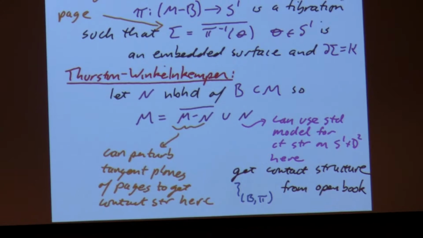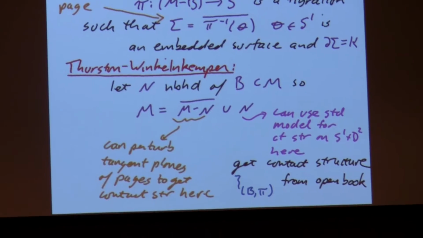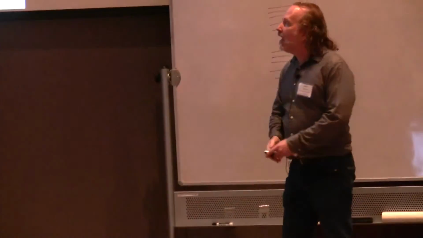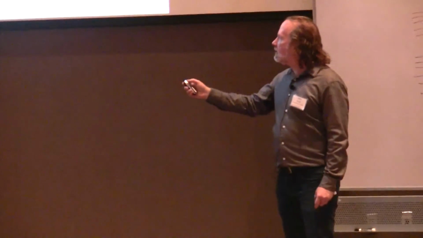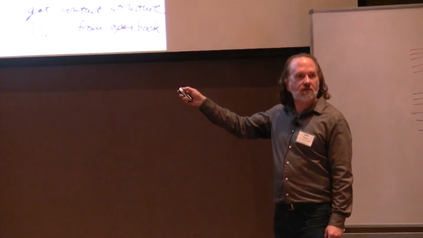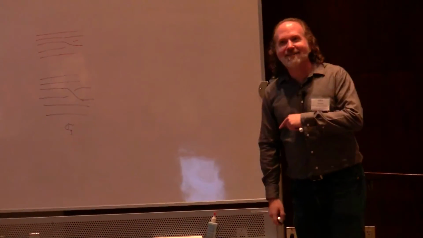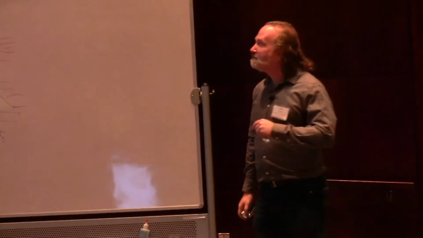It's not a contact structure, remember, because of maximal non-integrability. But they showed you can perturb those planes ever so slightly and make them a contact structure. Then they showed you could very explicitly extend that contact structure over the solid tori, the neighborhood of B, more or less by using the models from fact 2 in Milestone 1. I think that's the right reference.